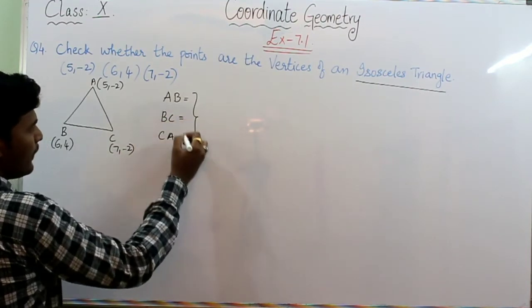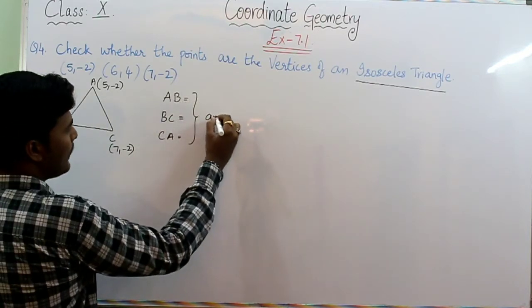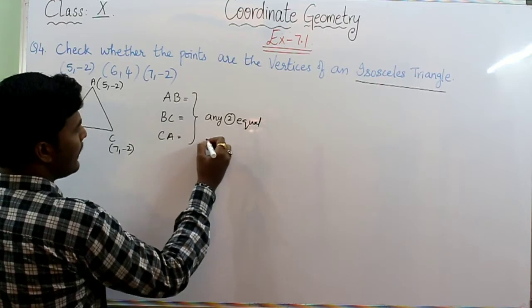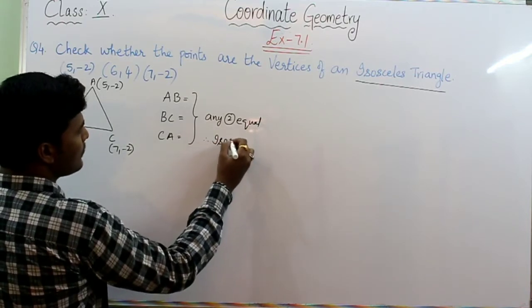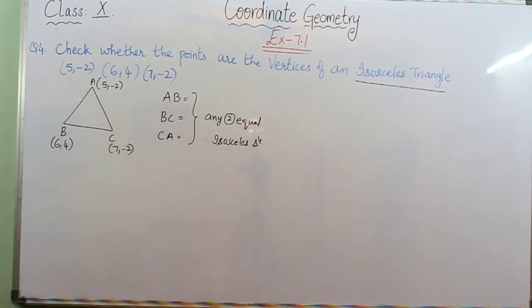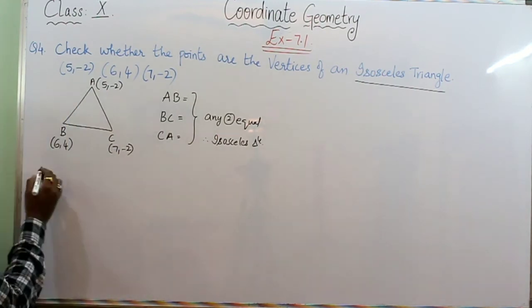From this, if you find any two are equal, then we can conclude that it is an isosceles triangle. Let us check whether the given 3 points will form an isosceles triangle or not. For that, let us consider AB first.